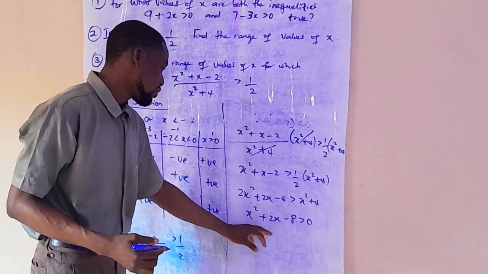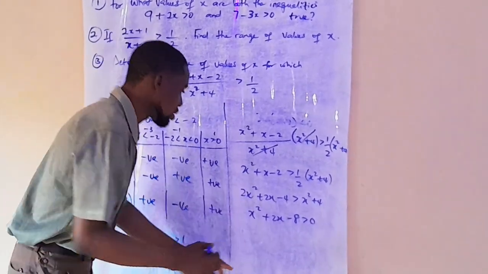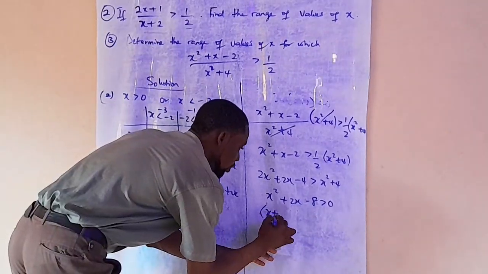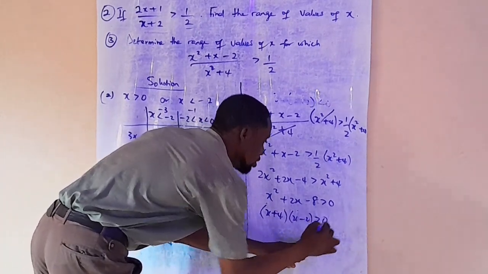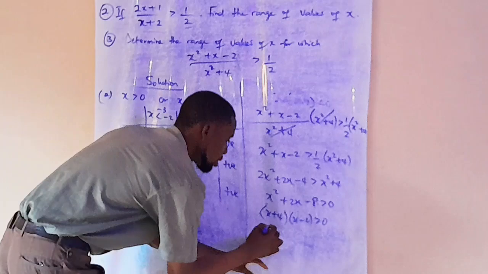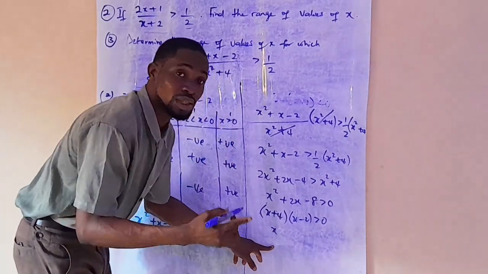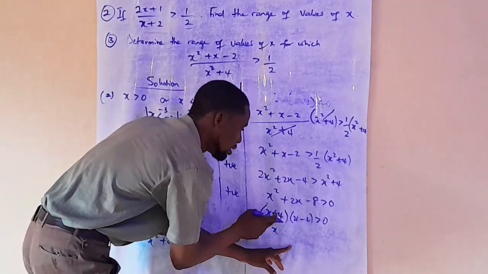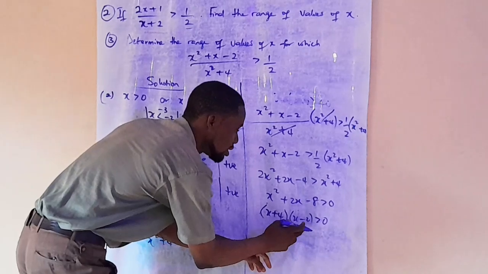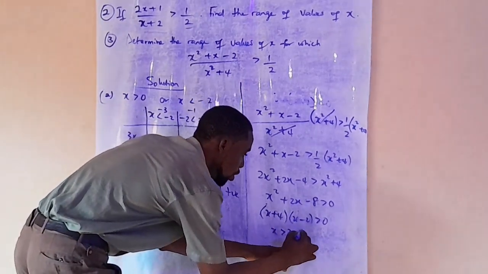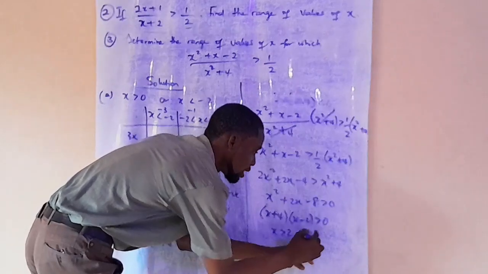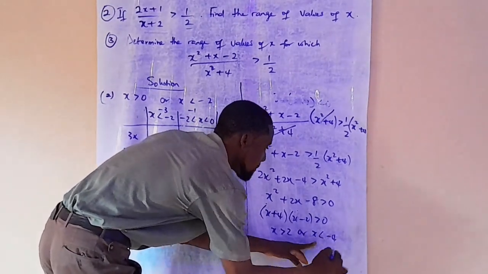I should need to factorize. 4 minus 2 is 2, 4 times 2, so that's x plus 4 and x minus 2 to be greater than 0. Now at this point, with our proposed answer, negative times positive gives negative, positive times positive gives positive. So it means this will retain the sign: x greater than 2, or this will take the other sign, x less than minus 4.